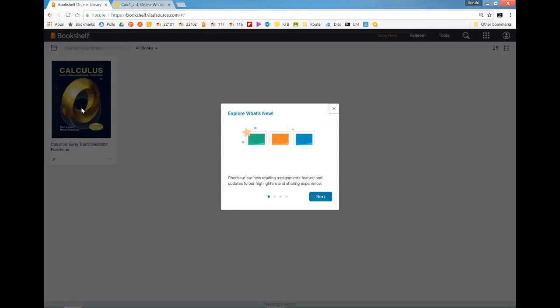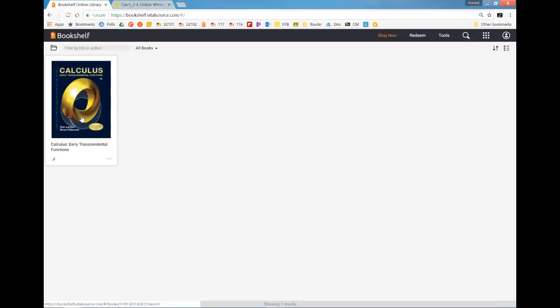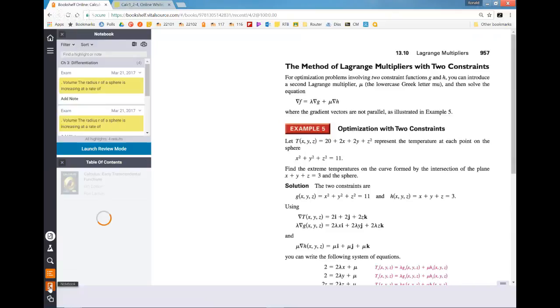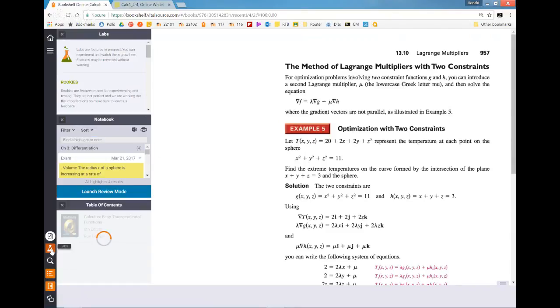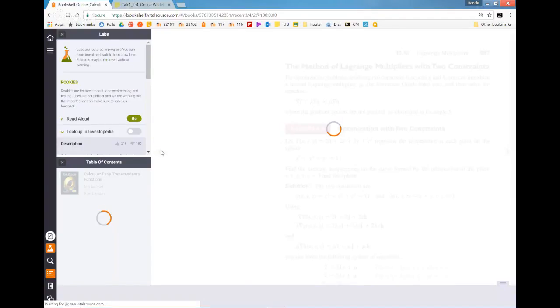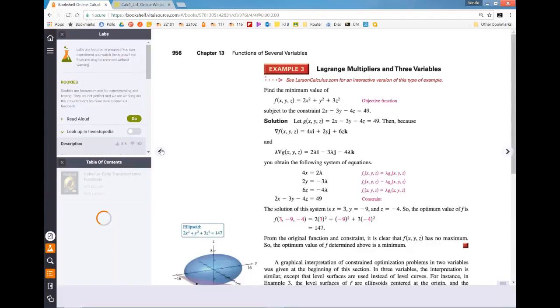Let's go back to the home. Page numbers are gone, so I'm a little bit stuck here. Hang on a minute. I can't seem to change my page number, and I'm sure not going to go paging one by one back from page 956.